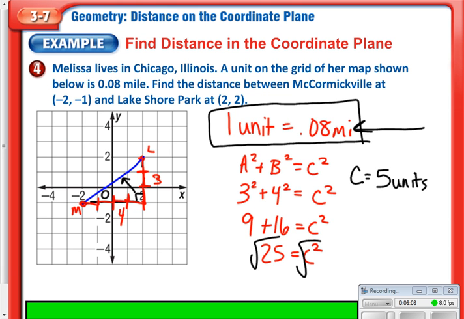So what we're going to do is take our 5 units that we have, multiplied by 0.08, because it's 0.08 miles per unit, we'd wind up with 0.4 miles. So McCormickville to Lakeshore is 0.4 miles. This concludes 3-7.